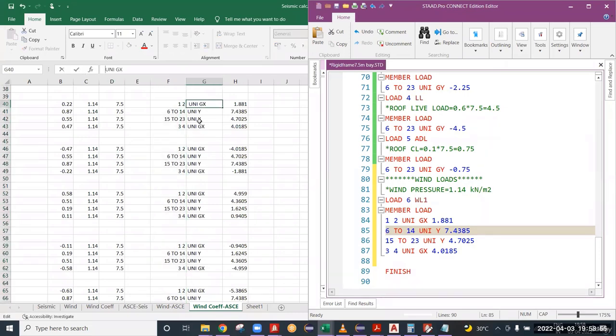I'm applying the space button for all these things because you have to give one space over here.